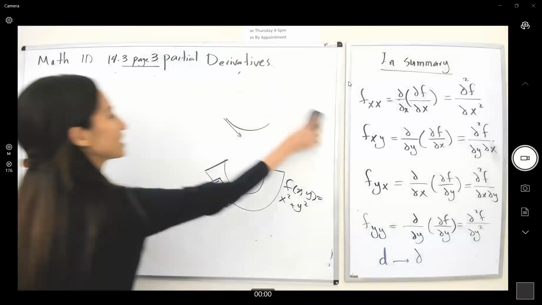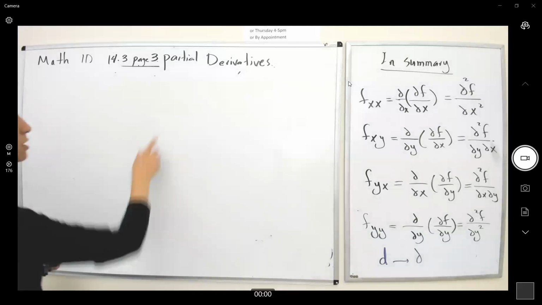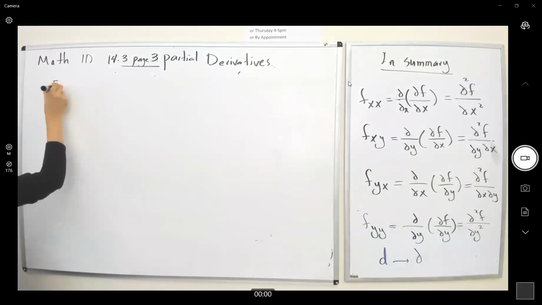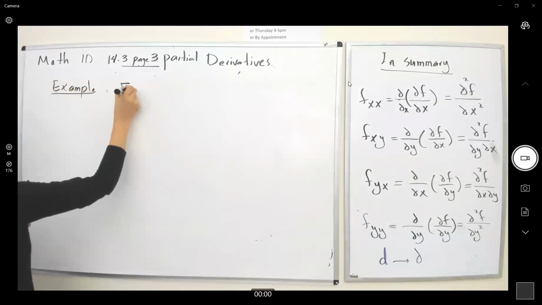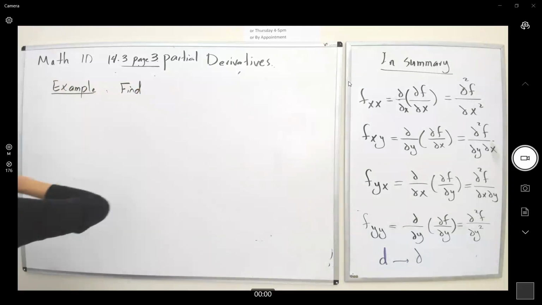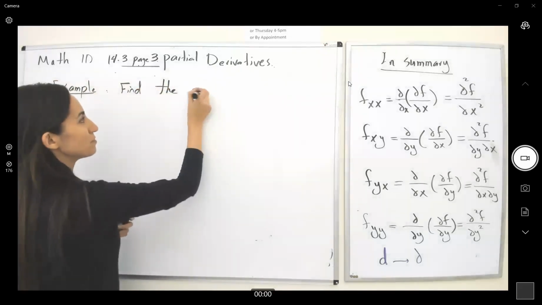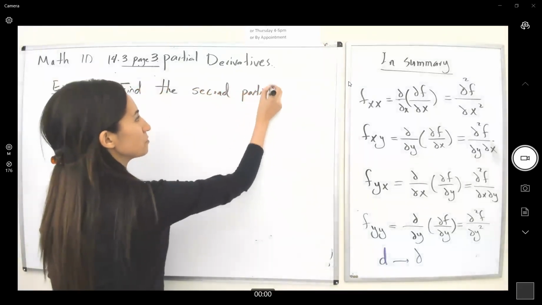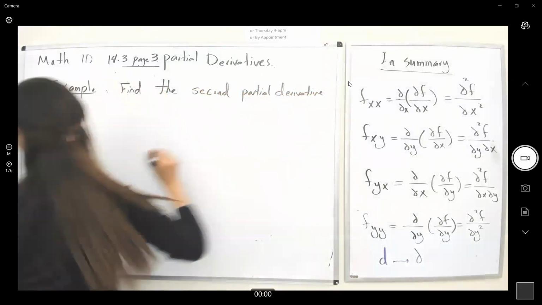Let us go over some examples. Still on page 3. Example. Find the second partial derivatives of the following function.